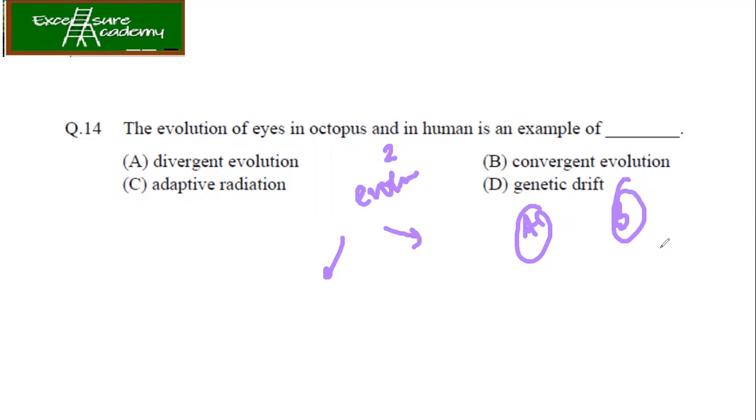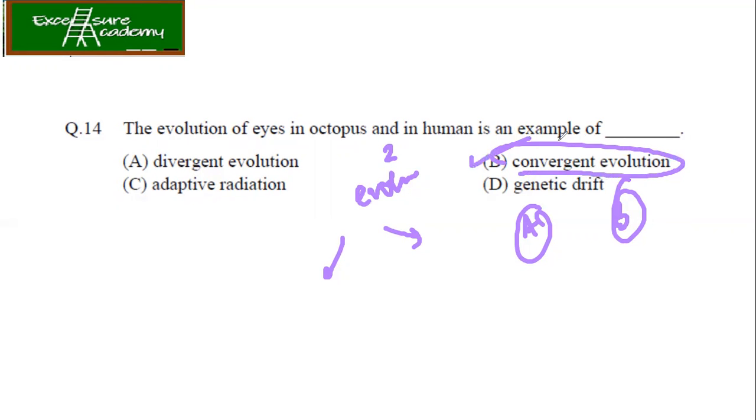For example, the camera eyes of the octopus are very much similar to those of humans. Phylogenetic and embryological studies suggest that the camera eyes have been acquired independently. So the eyes of octopus and humans have independently evolved after the divergence of the two lineages. That's why they are considered under convergent evolution. So for this question, the answer is convergent evolution.